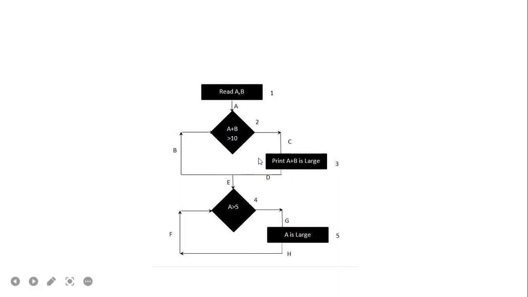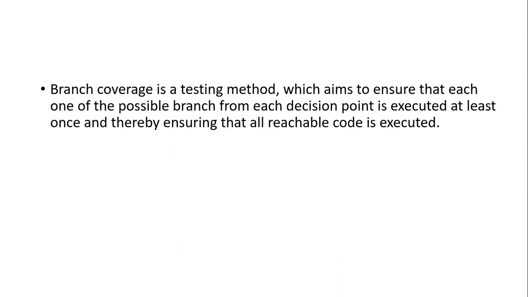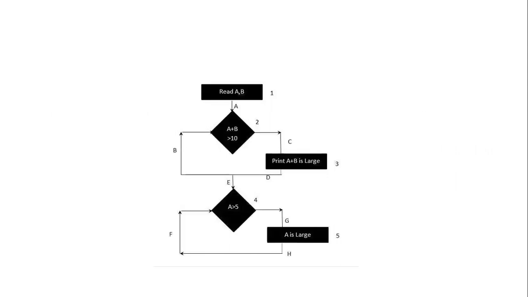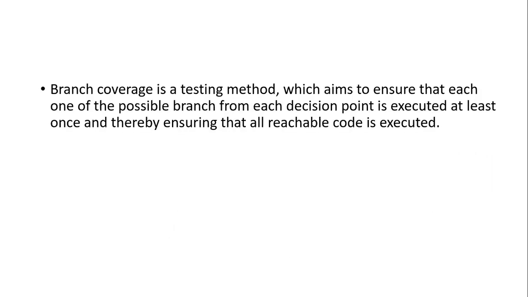Otherwise, it will move to the next stage. If A is greater than 5, then A is large. So your system should go to the proper branches according to the inputs the user has provided. For checking these branches, we use branch coverage testing in the case of black box testing.